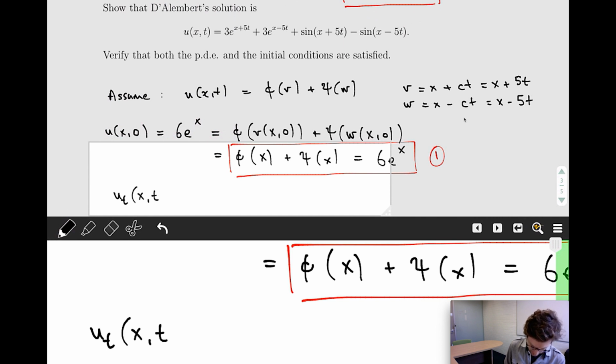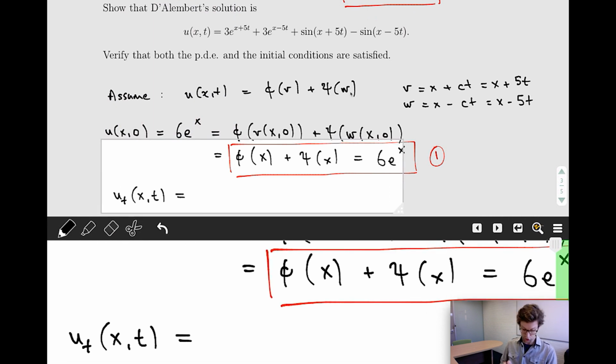So first of all, let's take a look at the partial derivative of u with respect to t. Remembering that u is equal to phi of v plus psi of w, I'm going to need to make use of the chain rule. So what's the derivative of phi with respect to t?